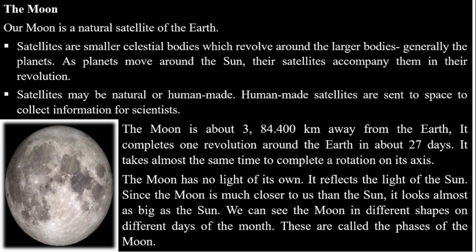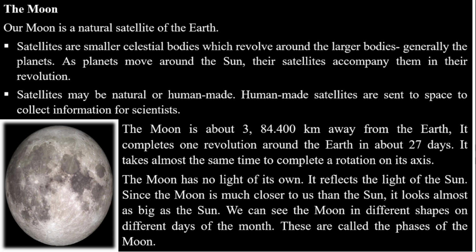You might have observed that satellites are celestial bodies which revolve around large bodies, generally planets, and as planets move around the sun, the satellites accompany them in their revolutions. Satellites may be natural or man-made.